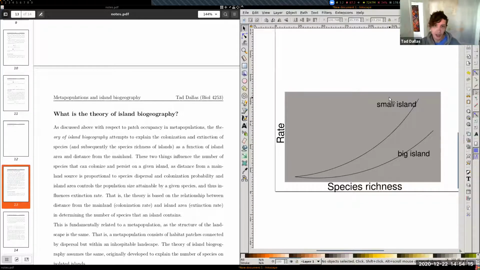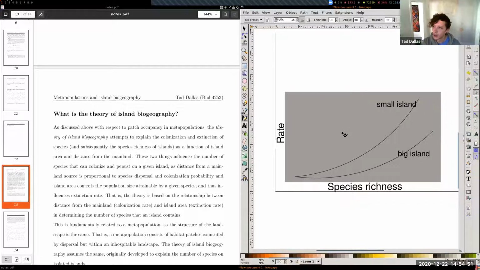We also can consider the influence of colonization. I'll change color, maybe I'll go with green. So this presupposes that nearby islands, things that are really close, have a higher rate of colonization.